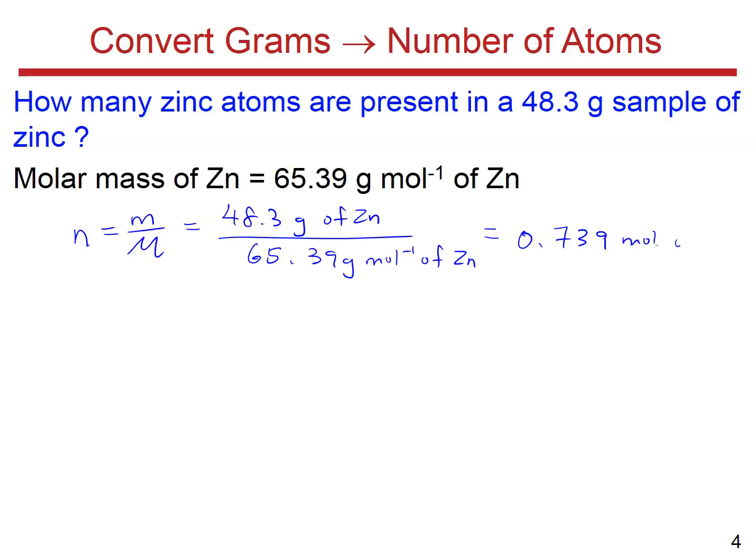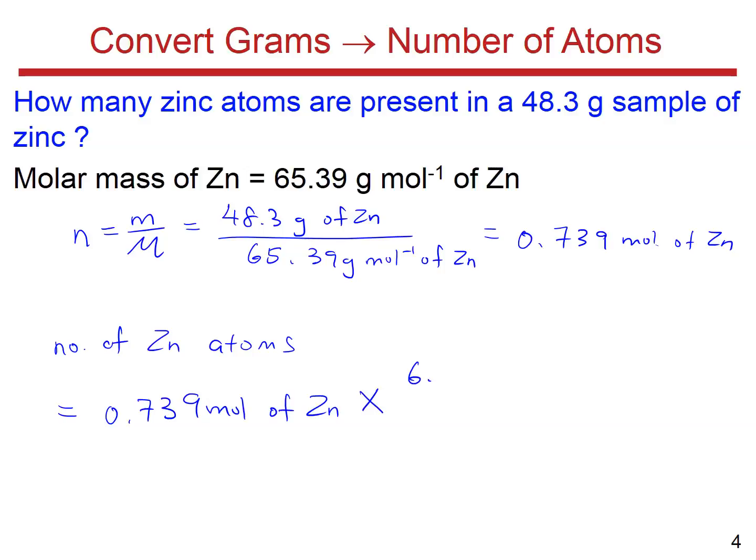0.739 mole of zinc. Now since we have calculated the number of moles of zinc, we can then convert it to the number of atoms by using Avogadro's number. Therefore, the number of zinc atoms is equal to 0.739 moles of zinc multiplied by Avogadro's number, which is 6.023 times 10 to the power 23 zinc atoms in 1 mole of zinc.